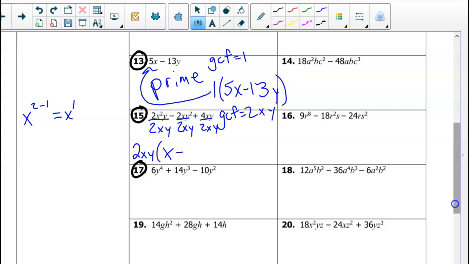Y squared over y is just going to leave us with y. Because it was negative 1 and I'm multiplying it by y, I don't need the 1 in front. And then 4xy over 2xy, 4 over 2 is going to be positive 2. The xy's are going to cancel and just become 1. So my factored form would be 2xy times x minus y plus 2.